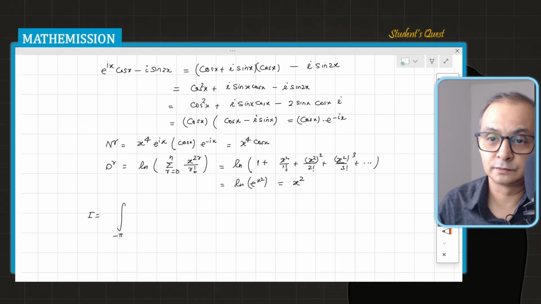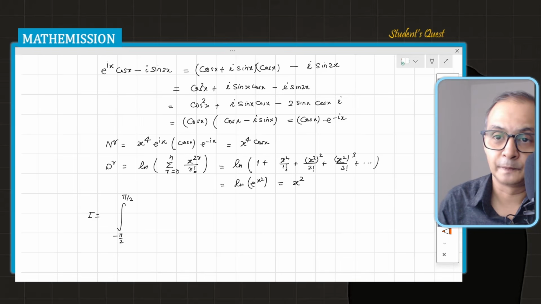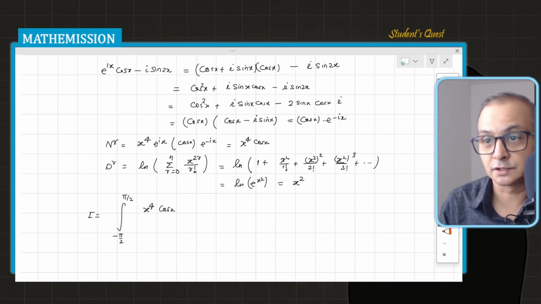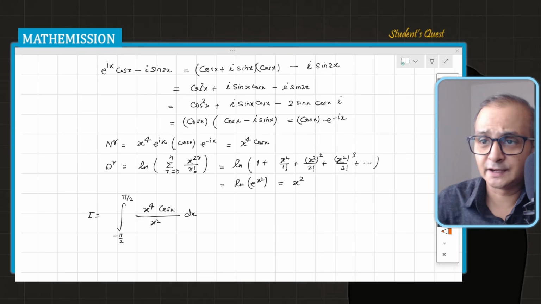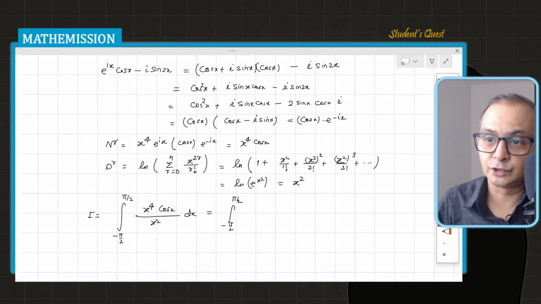Negative pi by 2 to pi by 2, x to the power 4 cos x divided by x squared dx. So I got this thing, and from there we have to evaluate it. We have all the techniques, you know how to find the integration, but let's try it for the sake of completing this question. So that is going to be negative pi by 2 to pi by 2, and this is x squared cosine x.